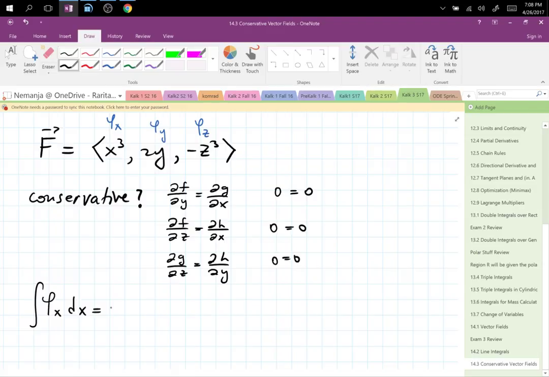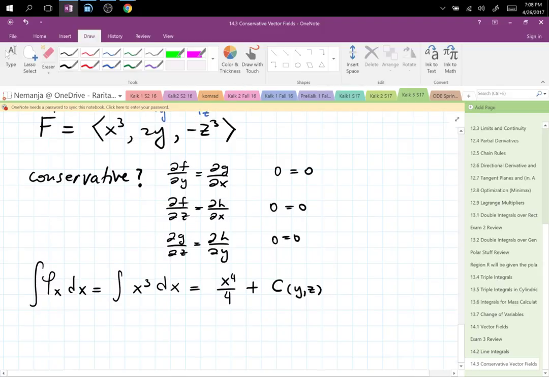So I'm integrating x cubed dx, and that is going to give me x to the 4th over 4 plus a constant function with respect to y and z.